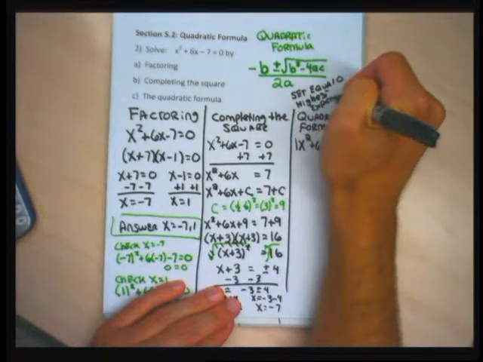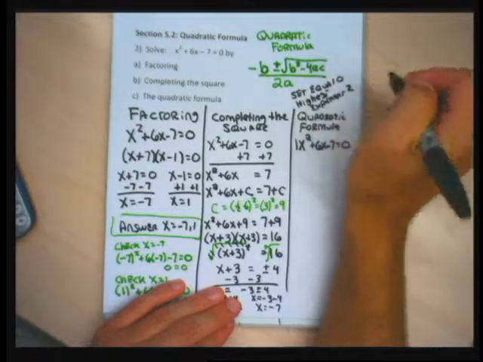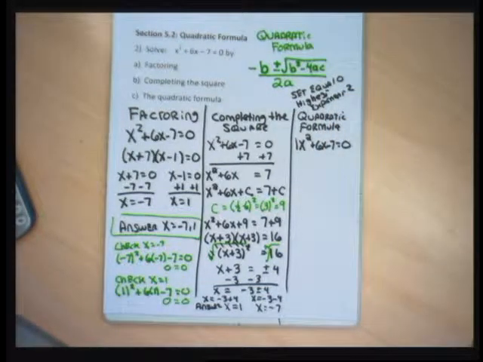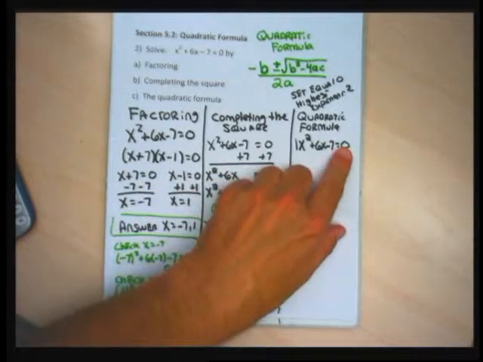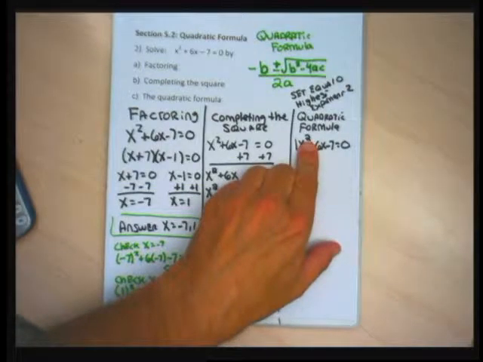The quadratic formula won't work if you had an x cubed or an x to the 4th or an x to the 5th. In the last section, in section 5.5, we do some problems with x to the 4th, and a lot of students will try to do those with the quadratic formula, but the quadratic formula is specifically reserved for problems that are both set equal to 0 and have a highest exponent of x squared.